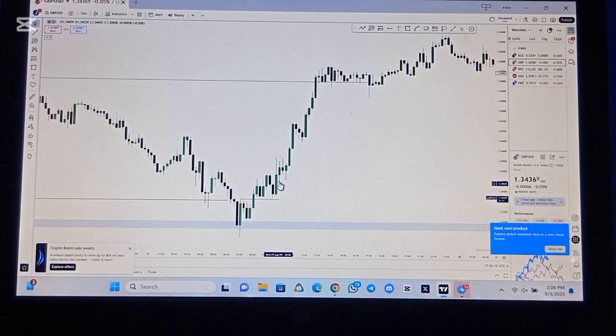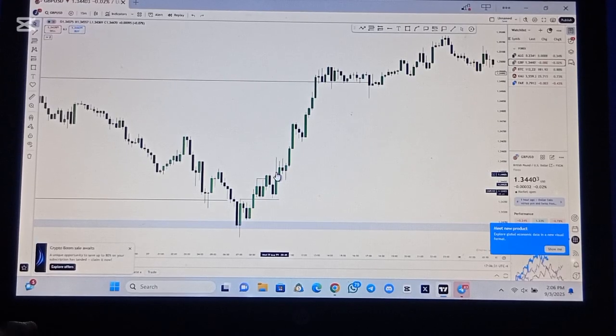So what happened? I waited for another expansion, and the next expansion was this. No fair value gap. Like I told you, I'm working with fair value gaps. After that, price rallied.